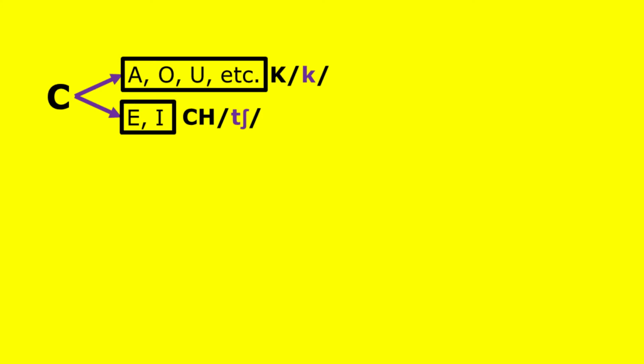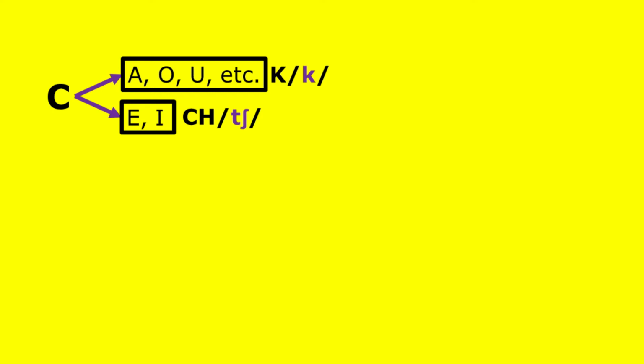If the next letter is A, O, U or any other letter, C will make the sound of K, the unvoiced velar plosive. But if it is E or I, it's going to make the "cha" sound, like in muchachos.